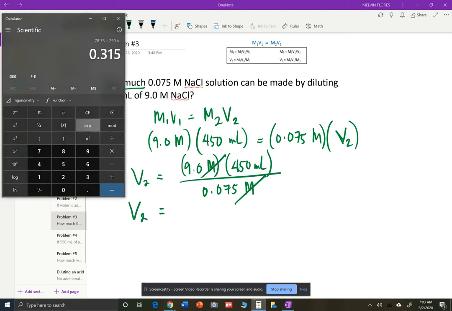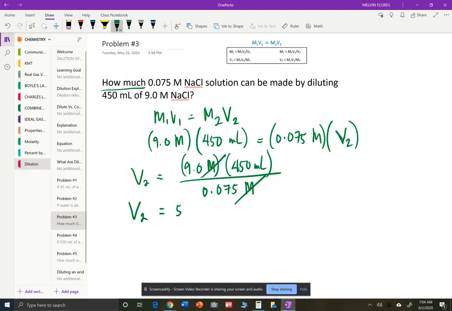So that's 9.0 times 450 equals, divided by 0.075, and that gives you 54,000 ml. So that's 54,000 milliliters. Okay.